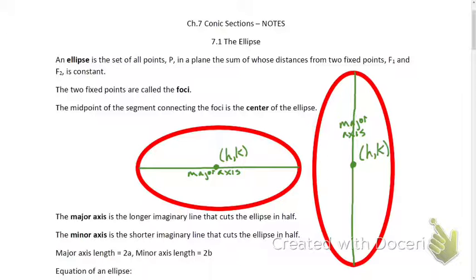It has a major axis, which means it also has a minor axis. So this on the tall one is going sideways. And this one is going vertical. That's kind of crooked. Let's try again. A little better. And that is the minor axis.